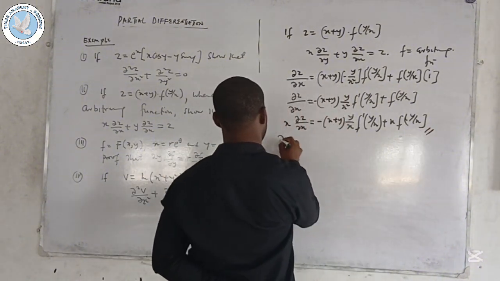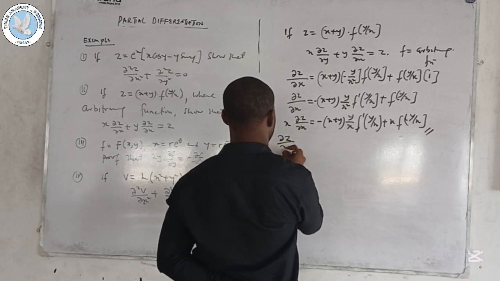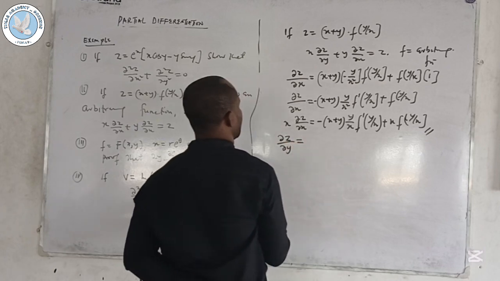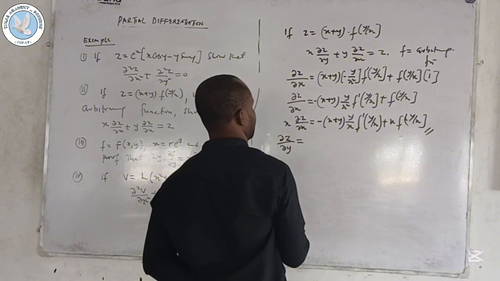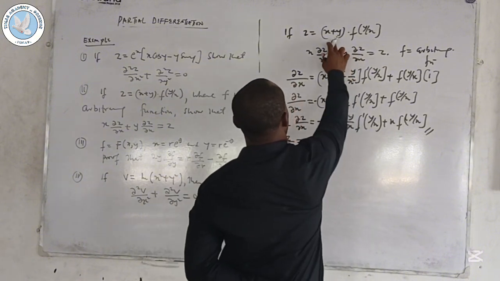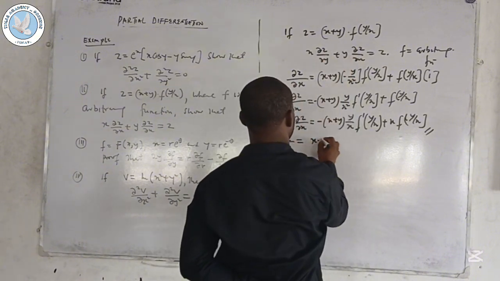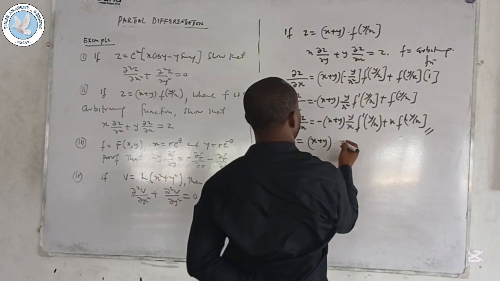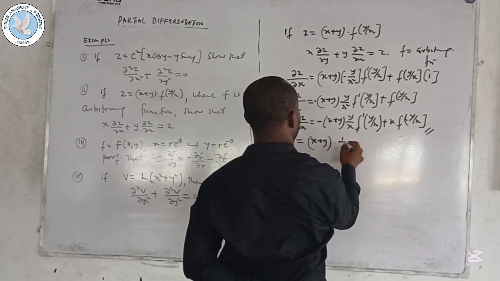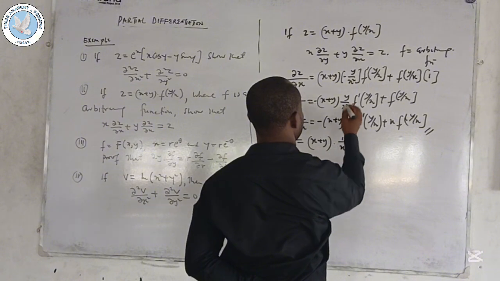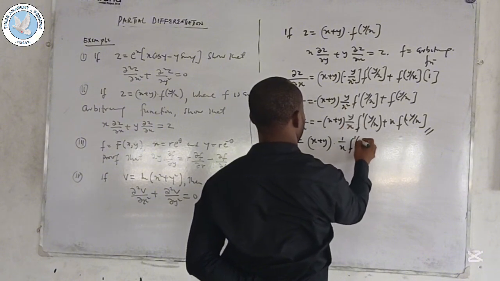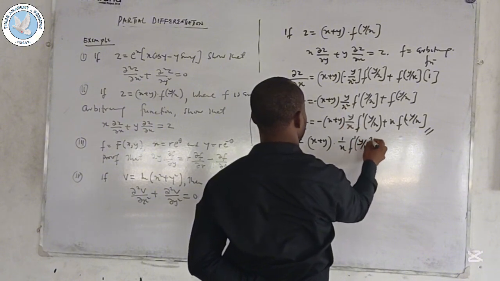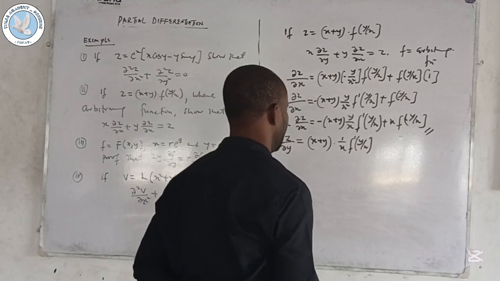So looking at with respect to y, we can also treat similarly. We have this. This will give us 1 divided by x, and we can also differentiate the function.